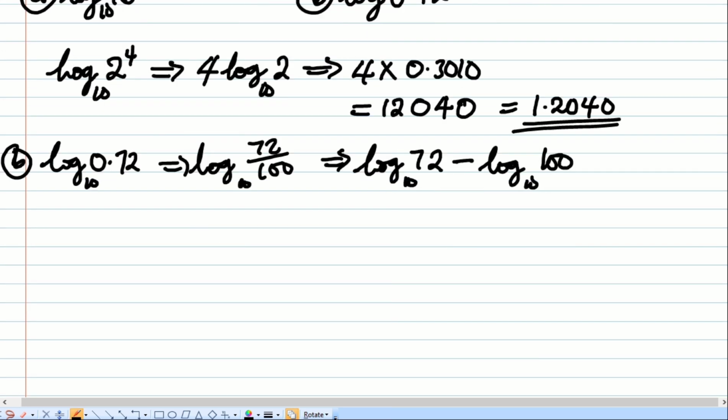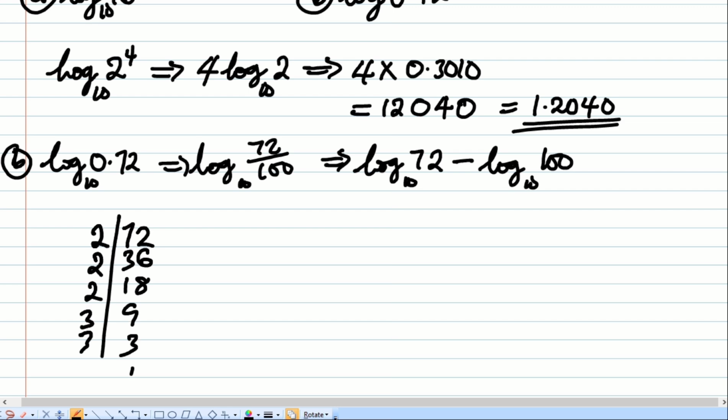Now we are going to have 72 is the same thing as, let's break 72 down, because we are given log to the base 10 of 2 and log to the base 10 of 3. So you must make sure you change 72 to accommodate those things. So 2 here will be 36. 2 here will be 18. 2 into 18 is 9. 3 into 9 is 3. 3 into itself is 1.